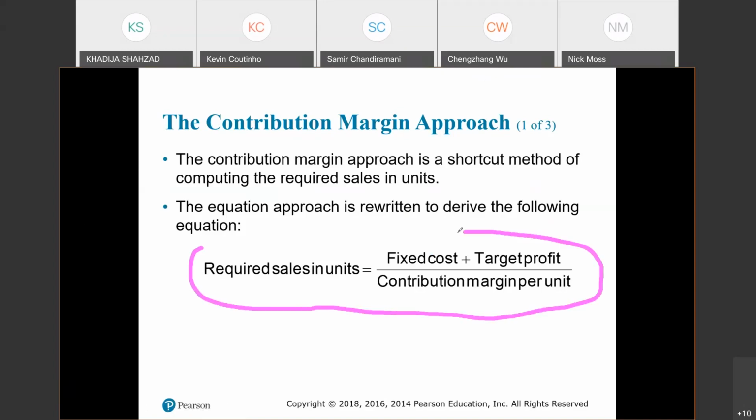The equation approach can be rewritten to derive the following equation: fixed cost plus target profits divided by contribution margin per unit equals required sales in units, where target profit should be $0.